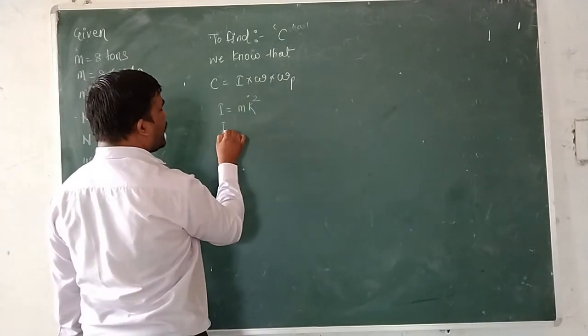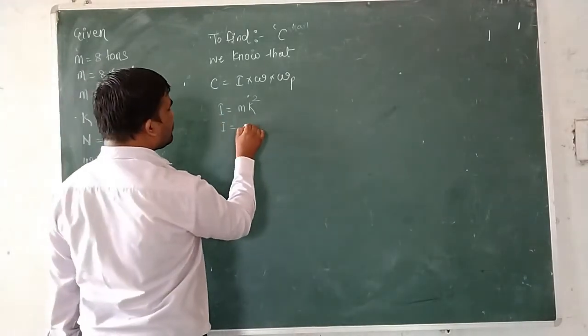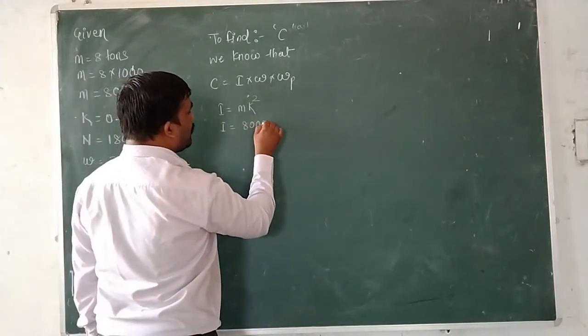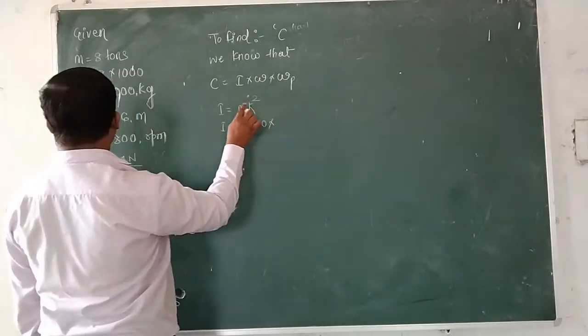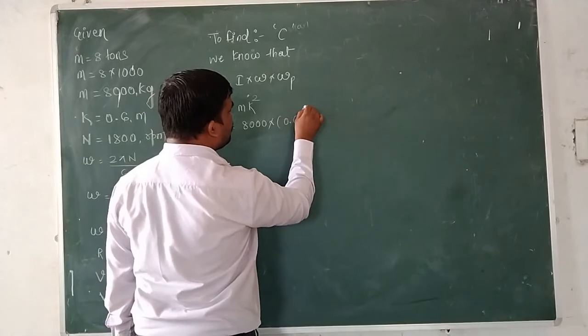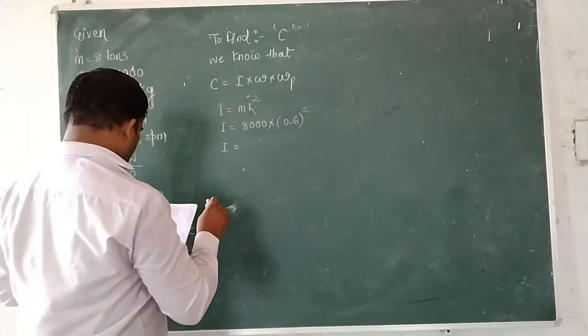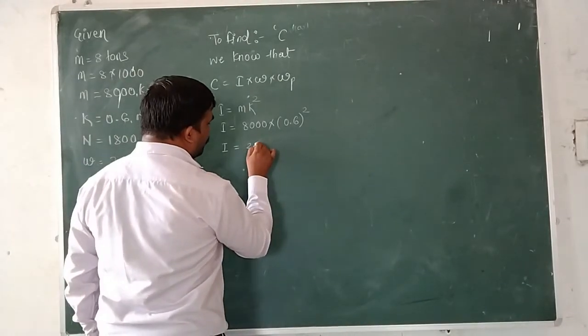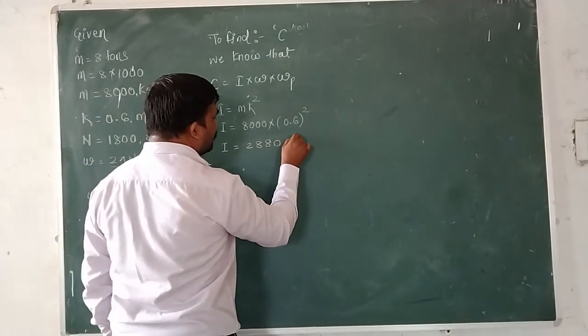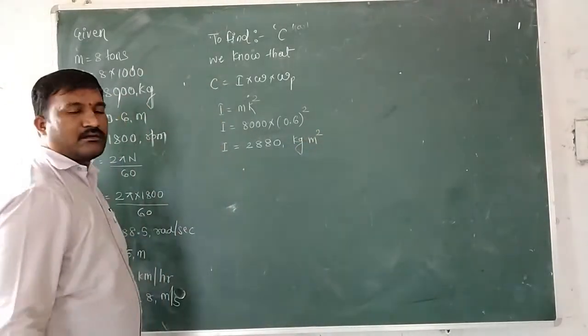So the value of I will be: m we put in terms of kg, that is 8000, multiplied by k square, where k is 0.6, so 0.6 square. The value of I comes to be 2880 kg meter square.